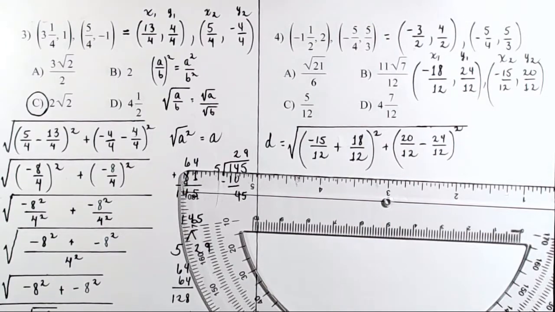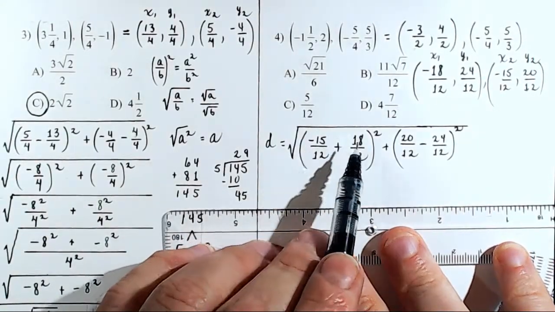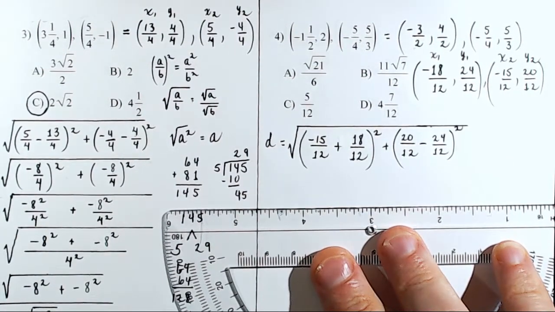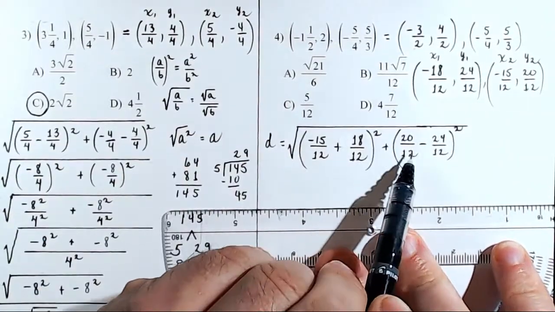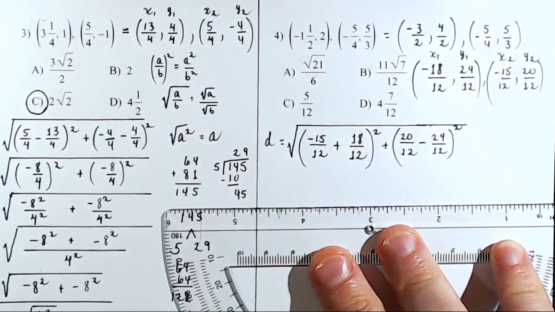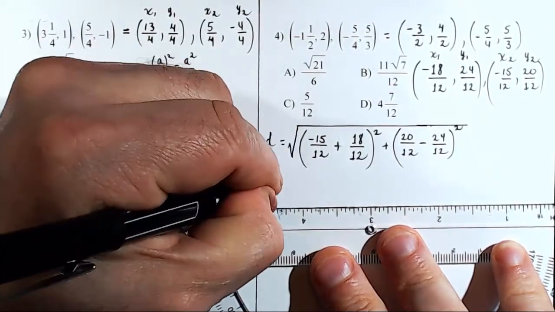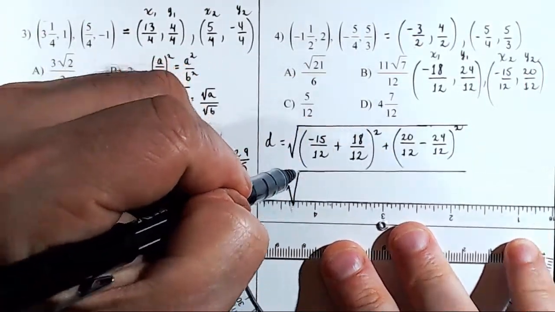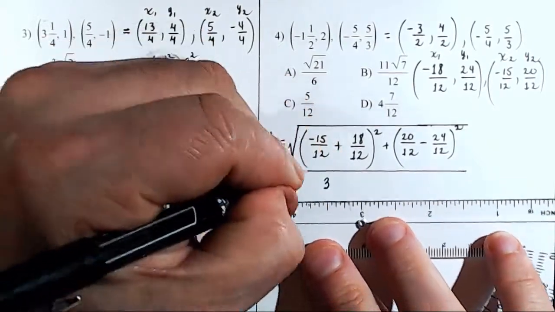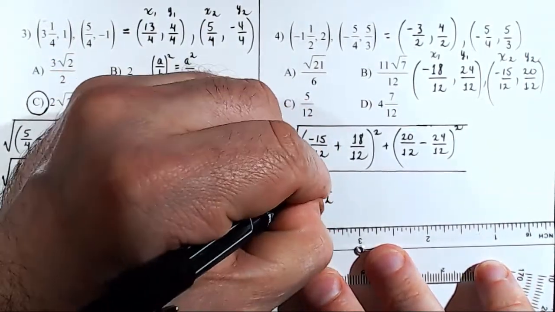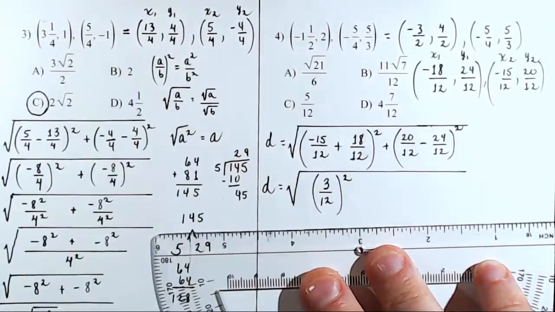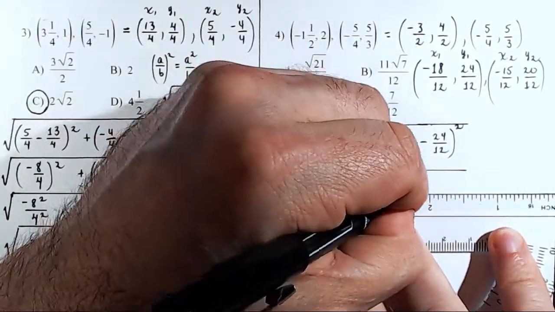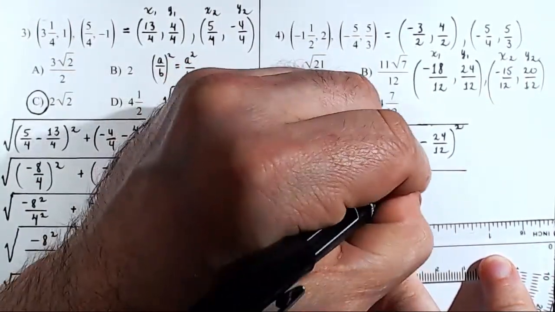And we can combine negative 15 and positive 18, and that would be positive 3. And over here, we can do 20 minus 24, and that would be negative 4. So d equals the square root of 3 twelfths squared plus negative 4 twelfths squared.